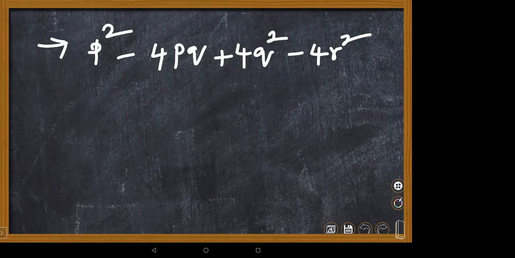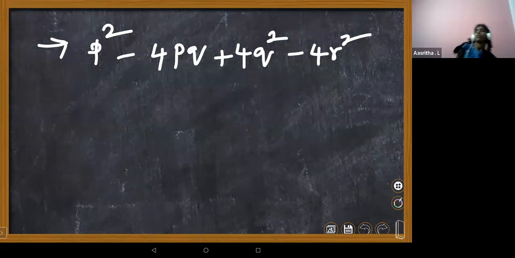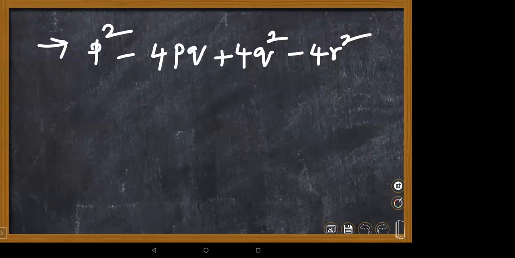What should I do, which part should I simplify over here? Any procedure you can use, if you take these three terms together, any rule you will get, you just see first of all.